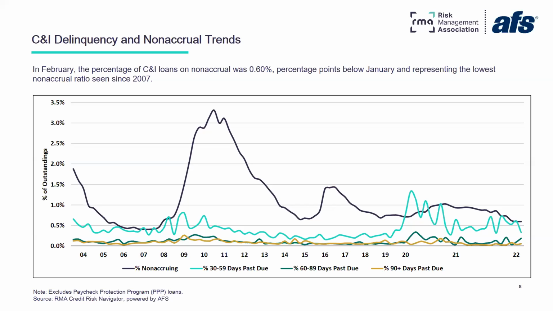So for February 22, and just another note before we get deep, we're going to take an extended look at performance measures this time. Here's our C&I performance chart starting again 2003 going through February of 2022. We continue to see an overall improvement in the major performance measures.